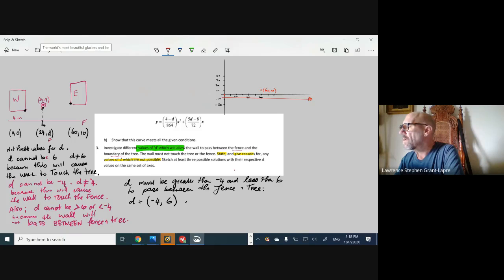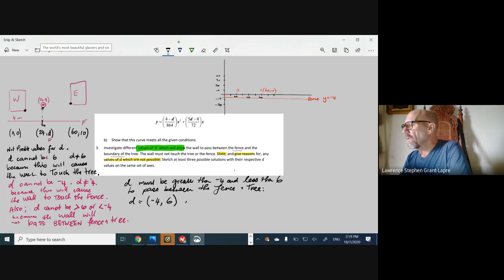Our fence is at -4. Our tree, okay. Now we can use our graphic calculator. If you get the graph and choose different D's, then you could possibly draw your parabola.